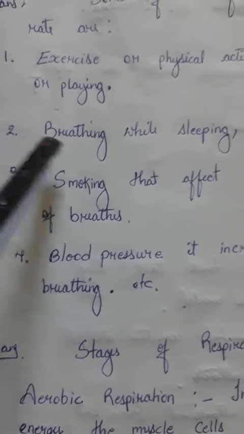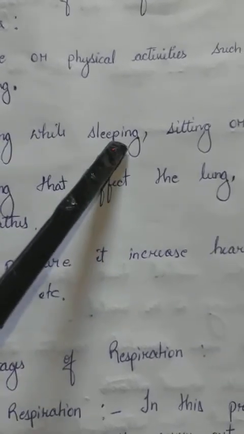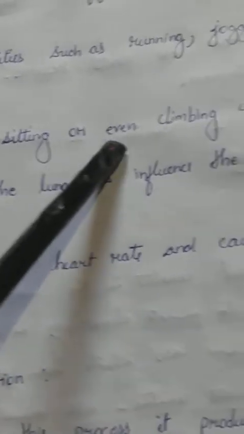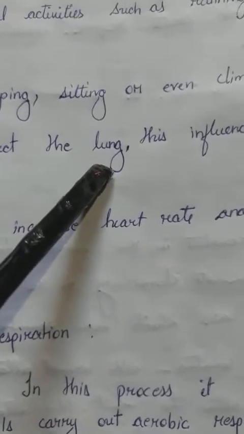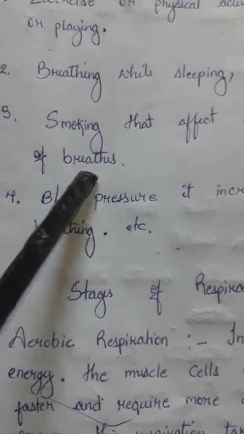Point number 2, breathing while sleeping, sitting or even climbing upstairs. Full stop. Number 3, smoking that affects the lungs, comma, this influences the rate of breath.